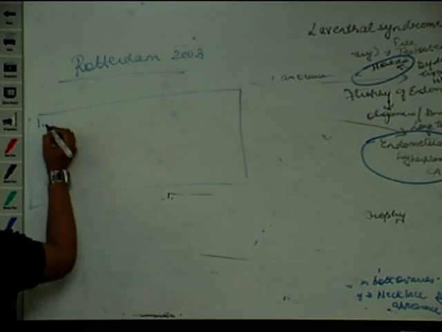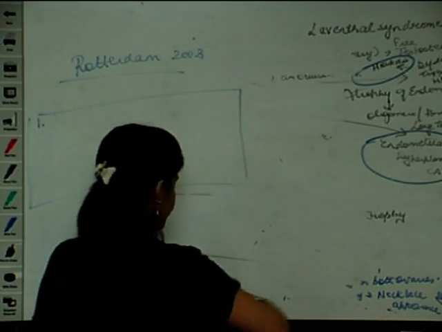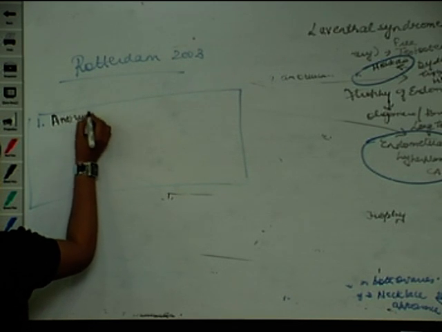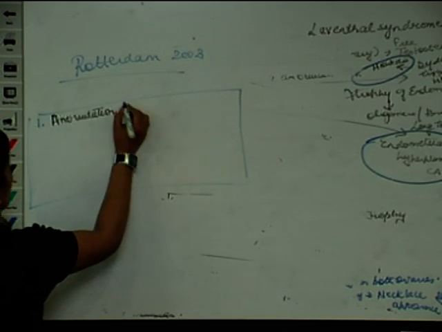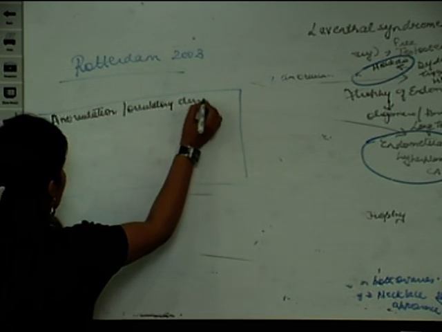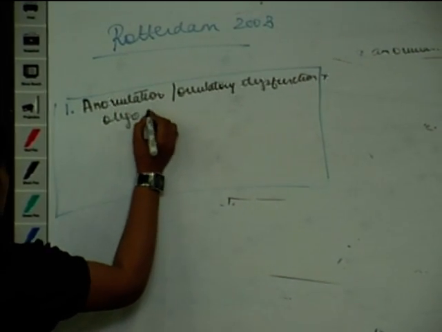Number one, there should be anovulation, or ovulatory dysfunction, which can be evident by oligomenorrhea or amenorrhea.